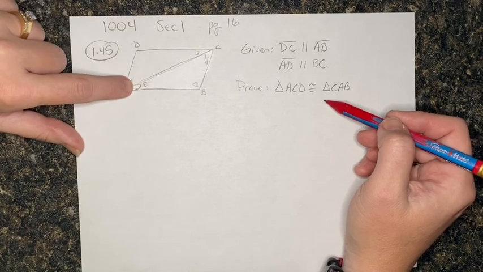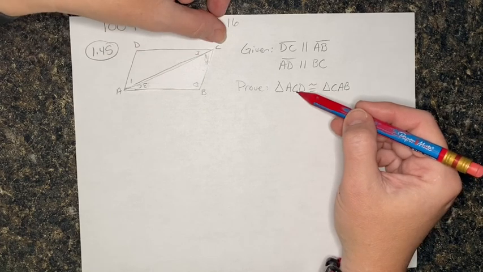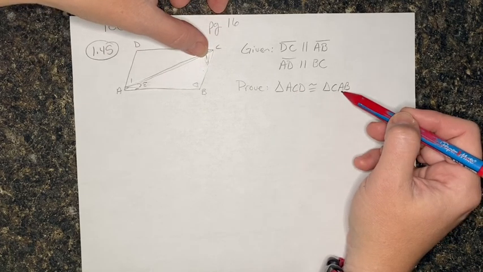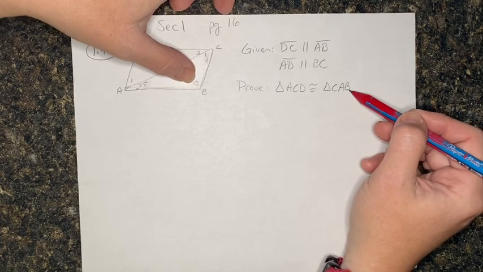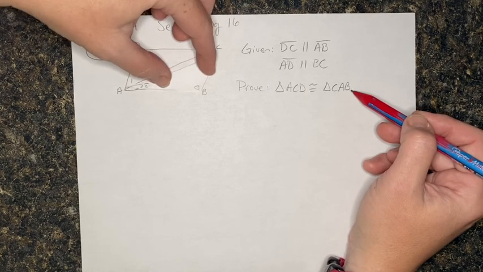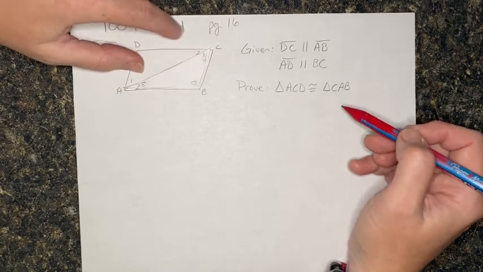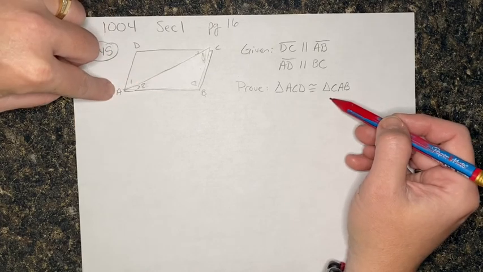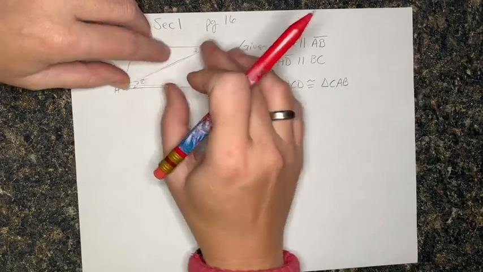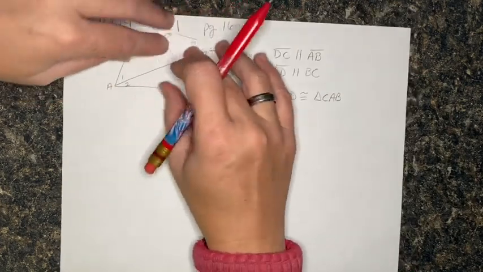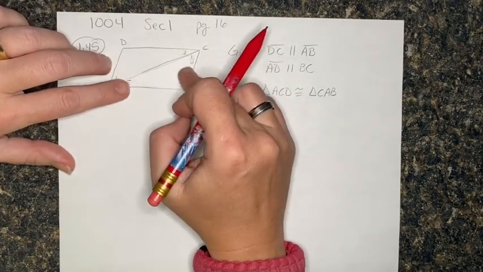A corresponds with C, C corresponds with A, and D corresponds with B. But we have to turn this around. So here's how it was. We've got to flip it upside down and line it up like that.